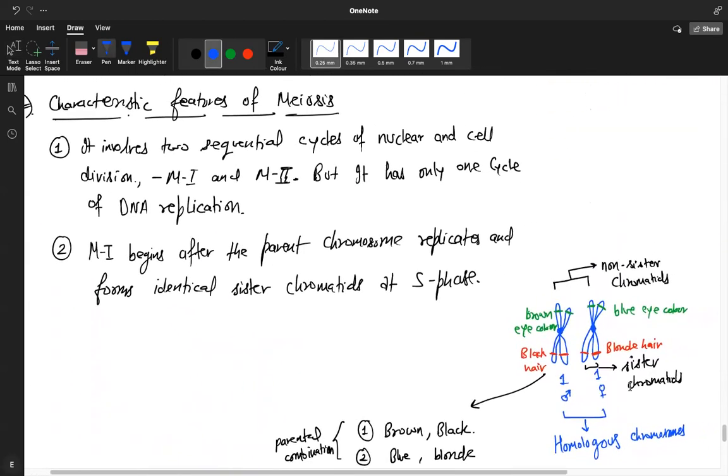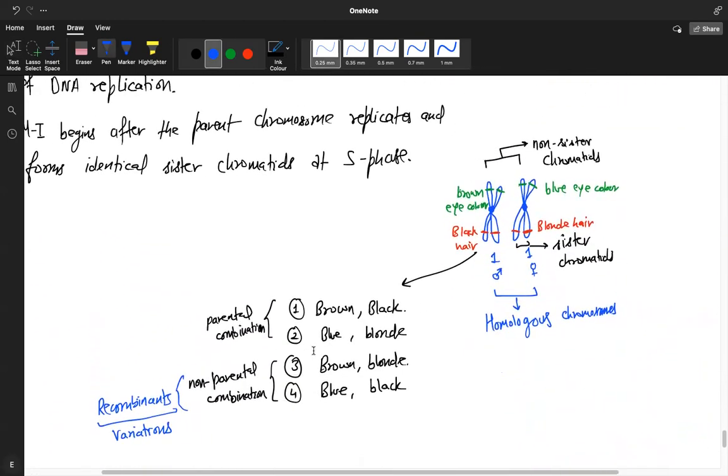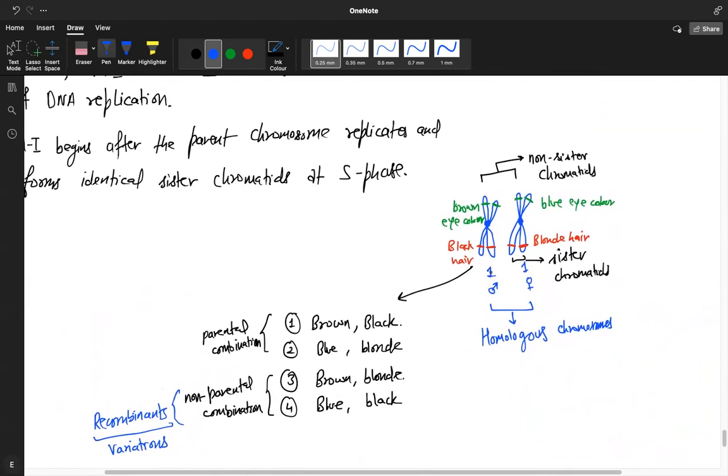First, make this diagram and mark all these things. This is chromosome number 1. This is also chromosome number 1. Make this diagram, mark everything, write this and let me know.